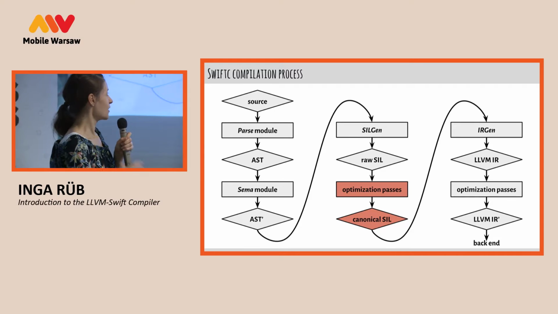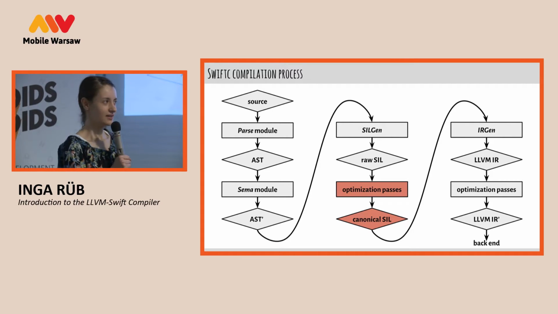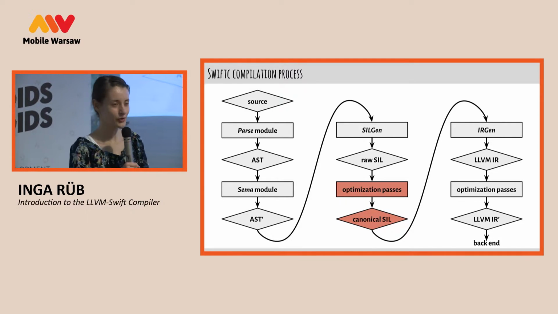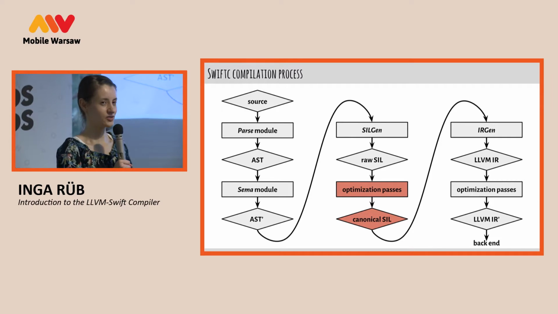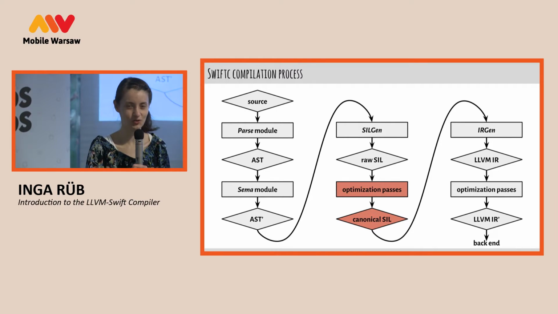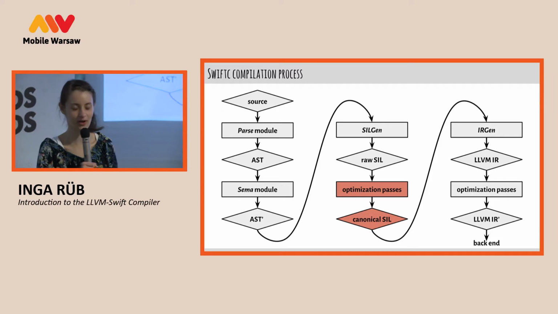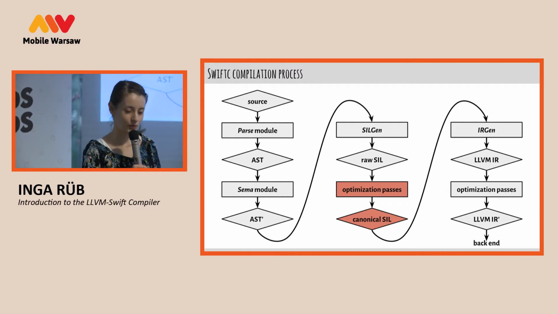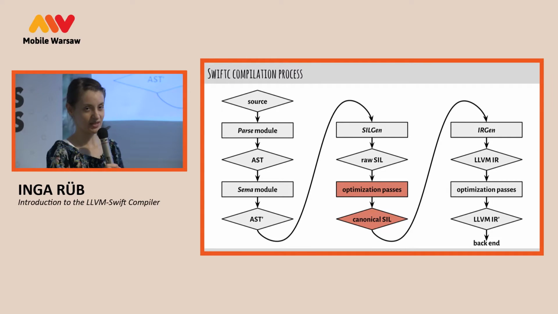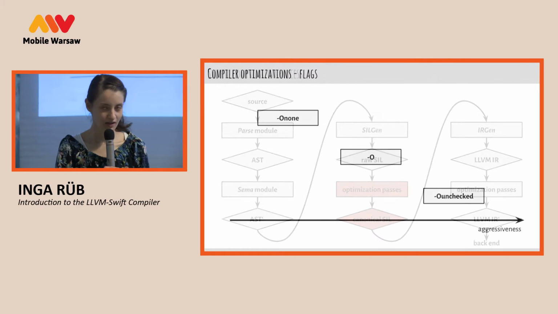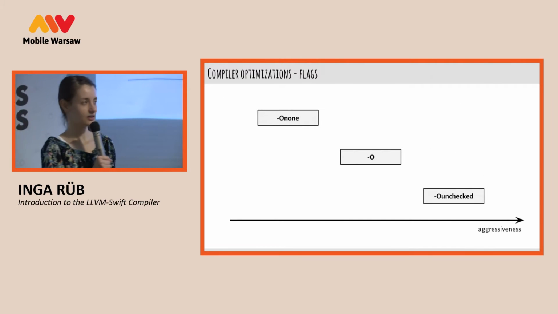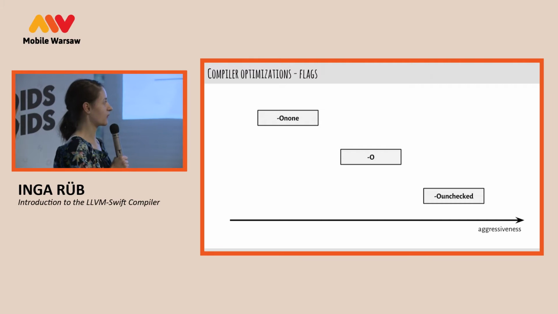Okay, so now that we know SIL, we can use our knowledge to check if we understand what is backstage, what is happening behind the curtain with our code. So we can talk about optimizations. We have 3 flags currently in the Swift compiler.